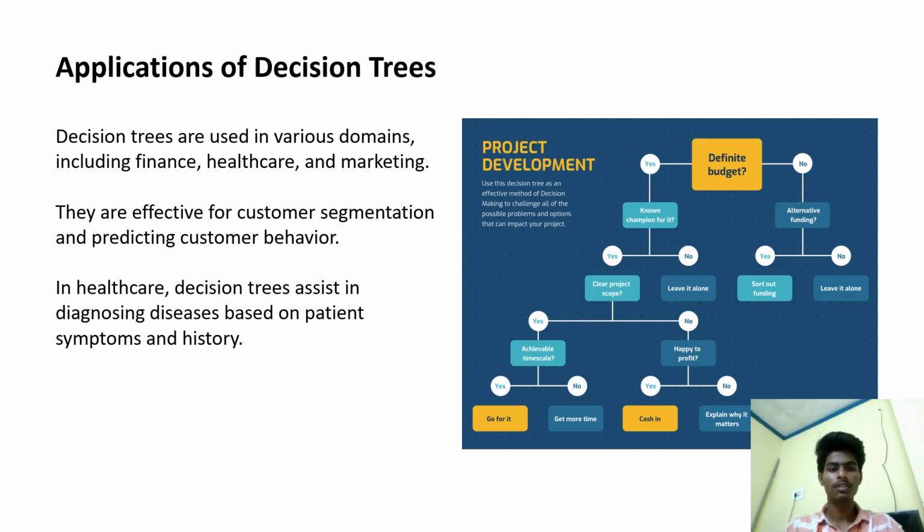In healthcare, decision trees assist in diagnosing diseases based on patient symptoms. Based on symptoms, some diseases may attack, and through the same symptoms another disease may also attack. So through decision trees we decide which disease has arrived for that patient.